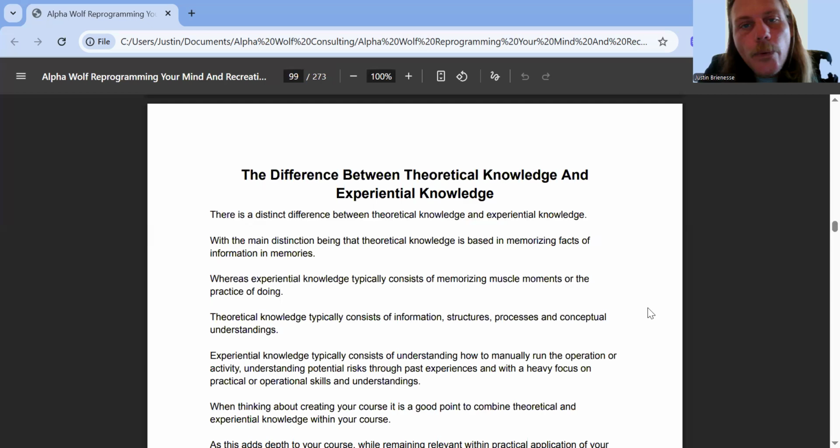want to do when we're creating courses and when we're learning and developing: we want to understand how to utilize both theoretical knowledge and experiential knowledge so that we can help potential students, potential buyers, whoever it may be, the intended person, learn and understand and comprehend and consume at a higher rate than at these sort of restricted rates.